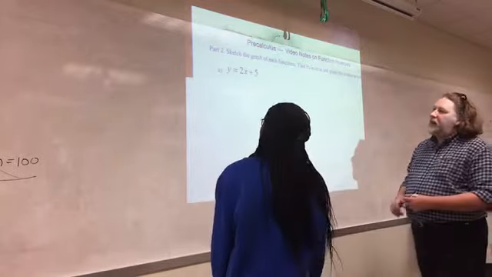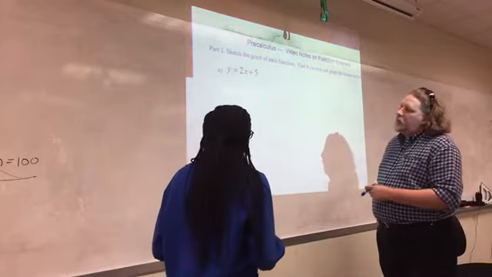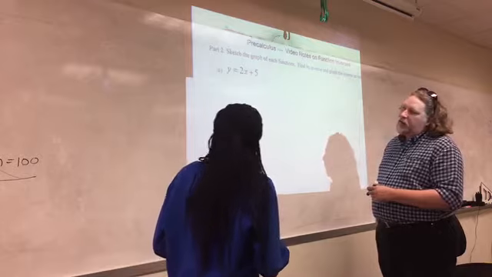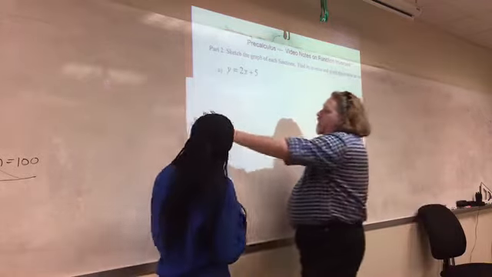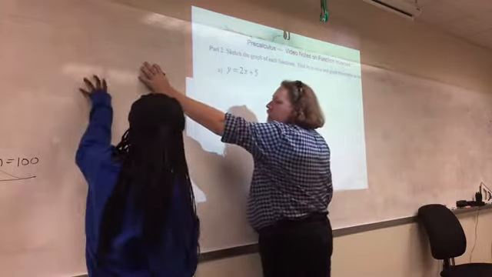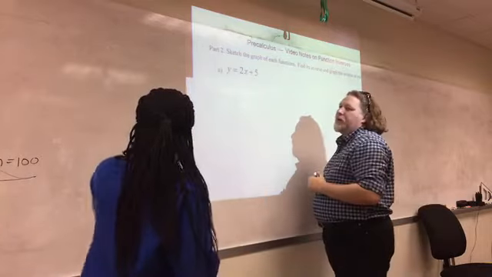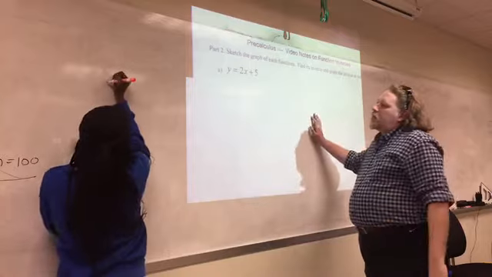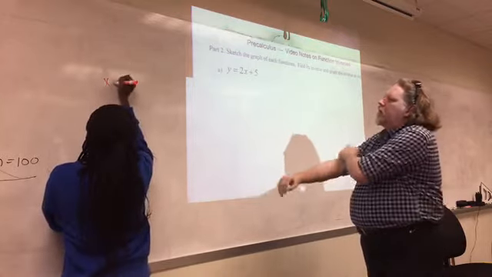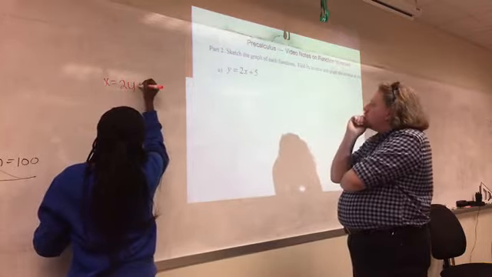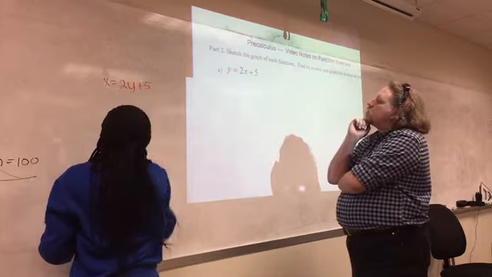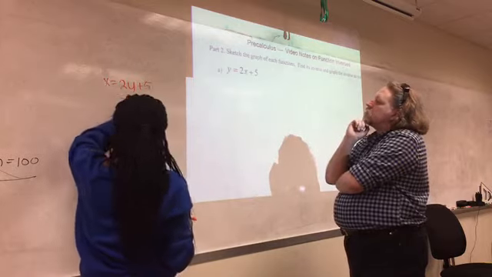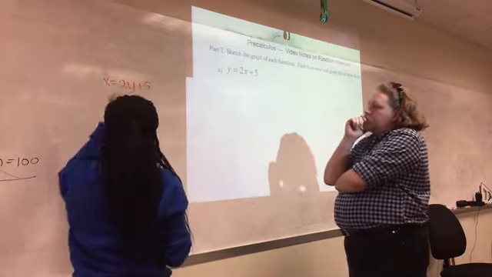So if you were going to find the inverse of that, what would that inverse look like? We're going to do the computations over here, so that way I can draw the graph over here with Desmos. If I were handling it, I would switch x and y first. So x would equal 2y plus 5. Then I would solve for y.